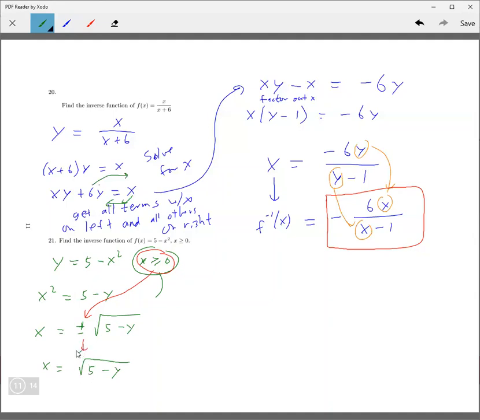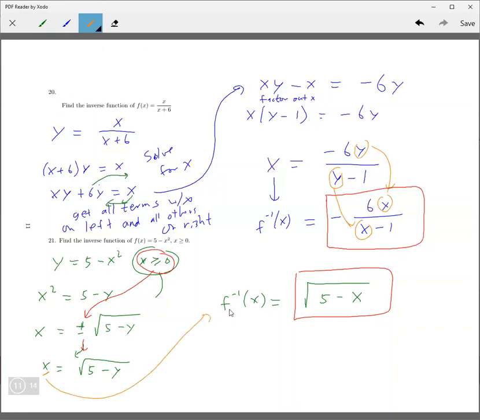Now we replace, again, the x with an f inverse of x and the y with an x. So this x got replaced with f inverse of x, and the y got replaced with x.